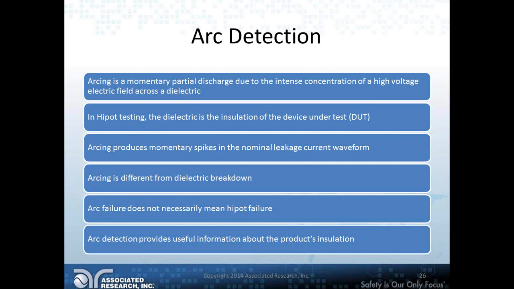So the question here is, how is an arc detected? Now that we understand what an arc is and what an arcing condition is, we want to know how this condition is detected. Well, high impedance arcs and corona generate high frequency current pulses that ride on the lower frequency wave of the applied test current waveform.